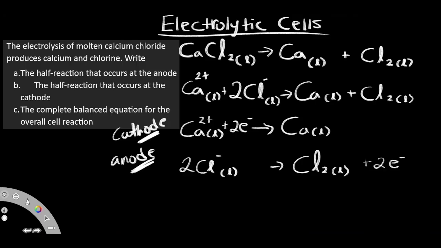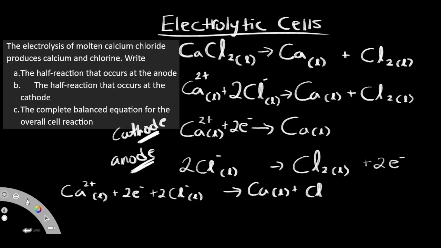So we can add these all together. We have Ca2 plus and our 2 electrons. What else do we have on the reactant side? We have 2 Cl minus, all yielding Ca liquid plus Cl2 gas and 2 electrons. Cancel out the 2 electrons.